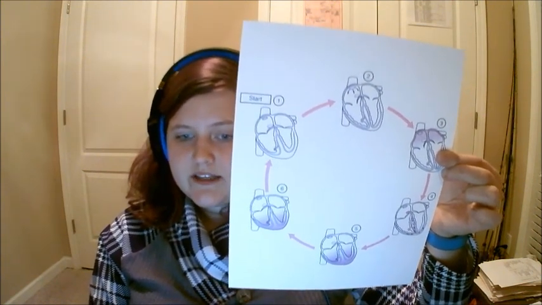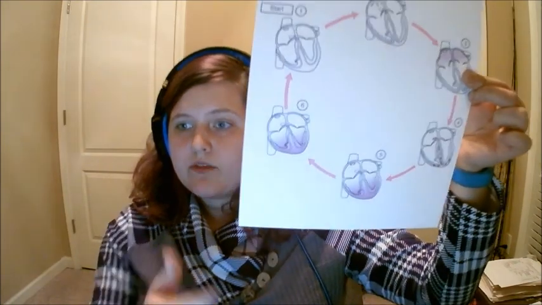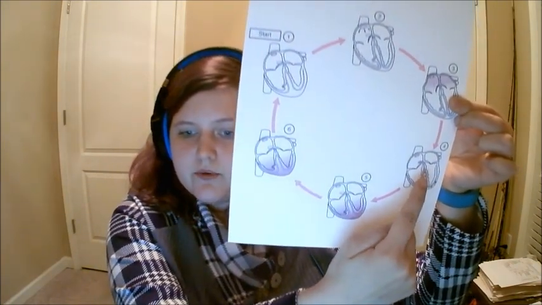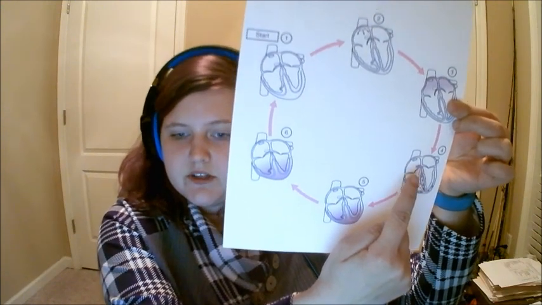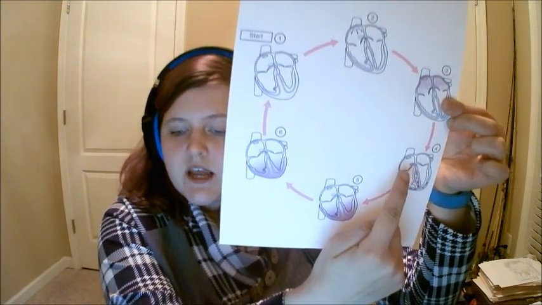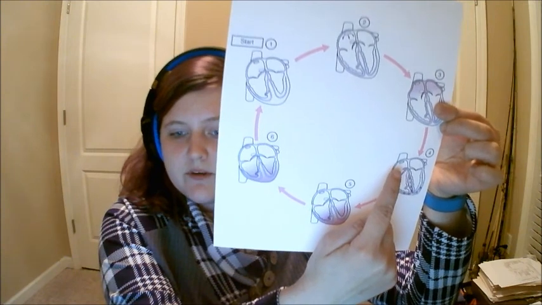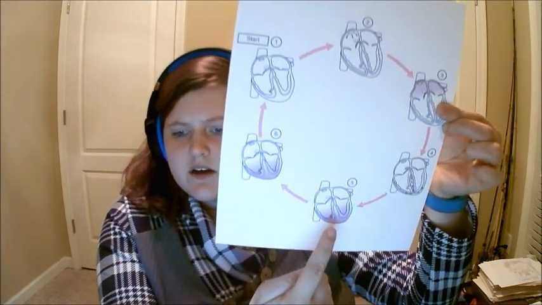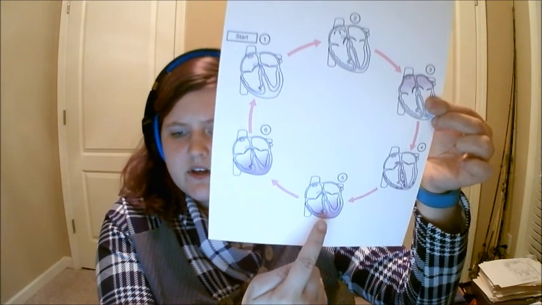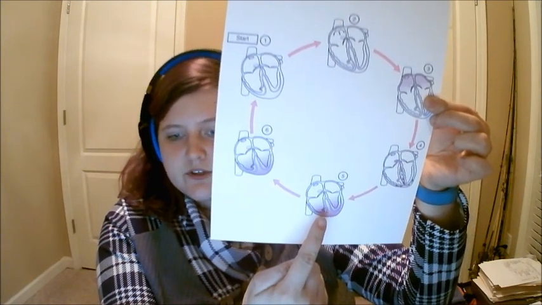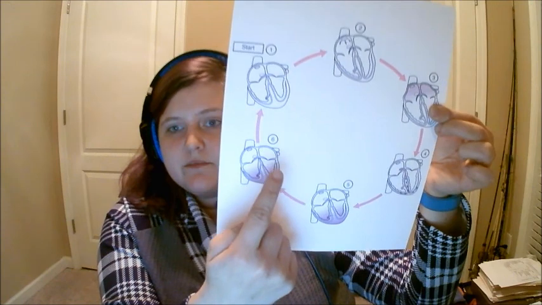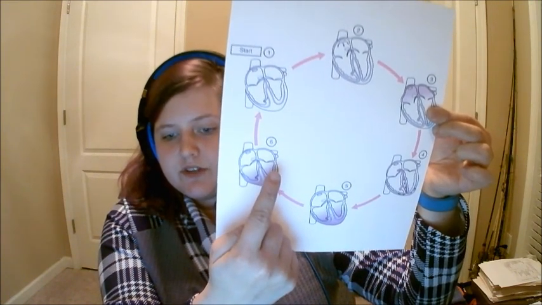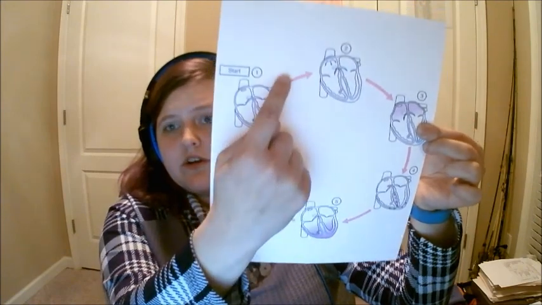Following the delay, the impulse travels through the atrioventricular bundle and bundle branches and also reaches the right papillary muscle. The impulse spreads to the contractile fibers of the ventricle and the contraction begins in the ventricular, and then we start again.